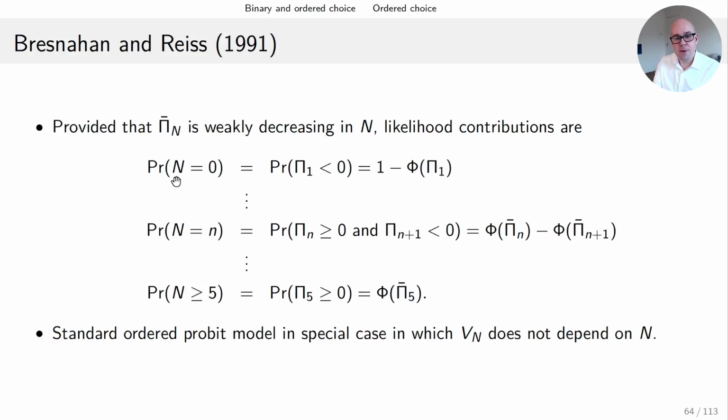The probability that there are no firms in the market is equal to the probability that industry profits when there's one firm are negative. Okay, and when I write out industry profits, this will be pi 1 bar plus epsilon is less than 0.